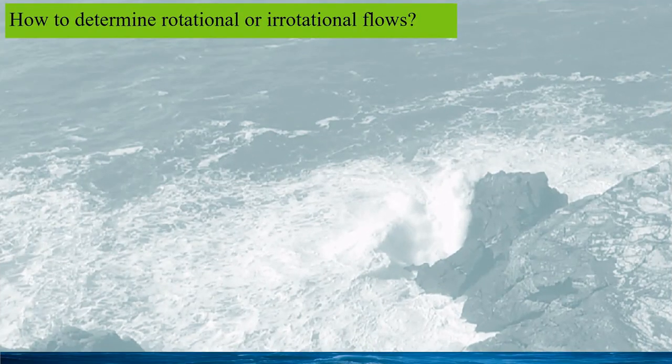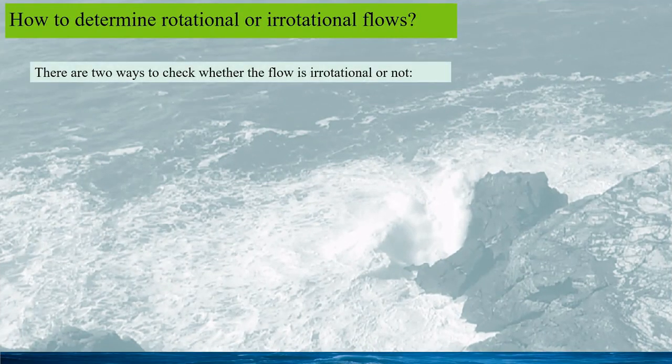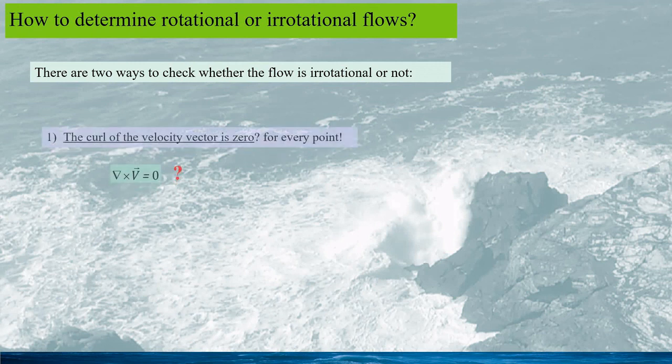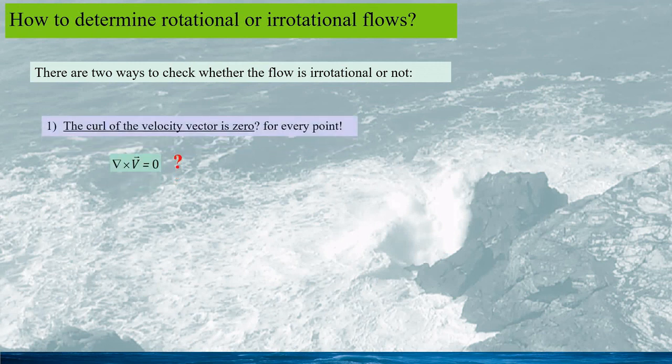In reality, how can we tell which is rotational or irrotational flow? Generally, we have two ways to check whether the flow is irrotational or not. The first one is checking whether the curl of the fluid velocity vector is zero.